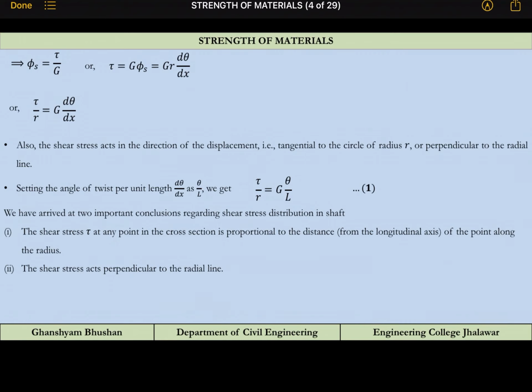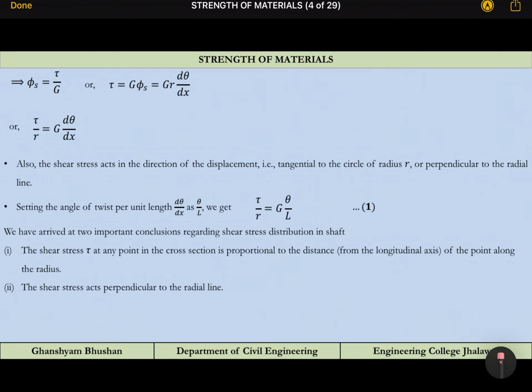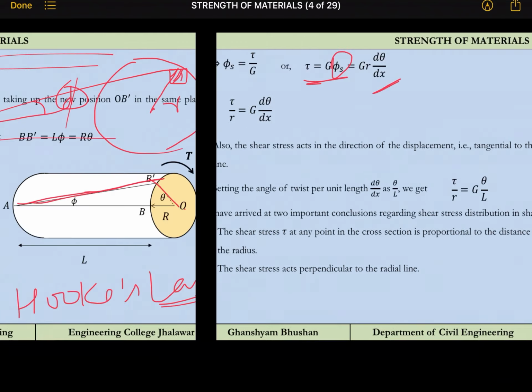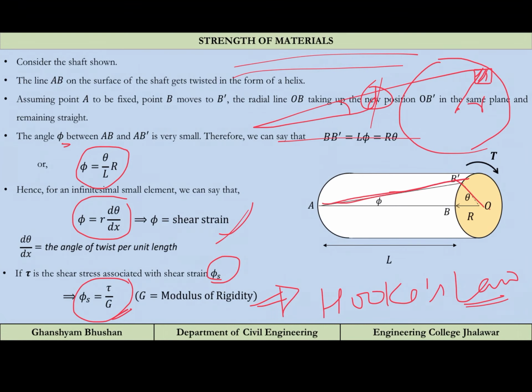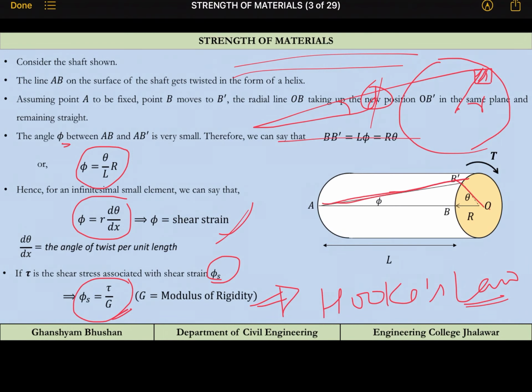Now we have seen phi s is equal to tau by G, or tau is G into phi s, and this phi s can be related to r, theta and dx. From the previous step, you can see we have put phi as r into d theta by dx.